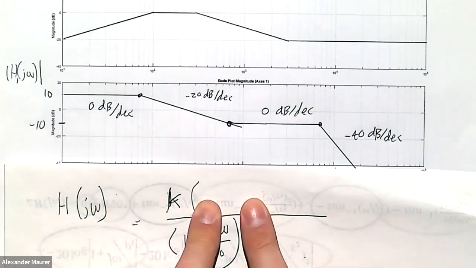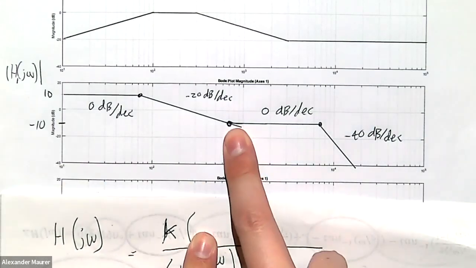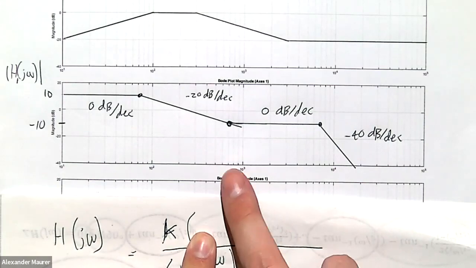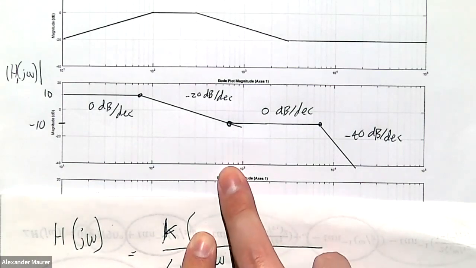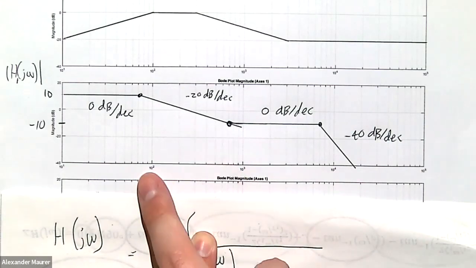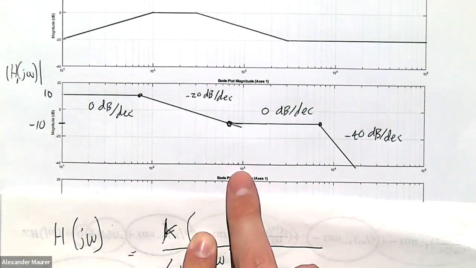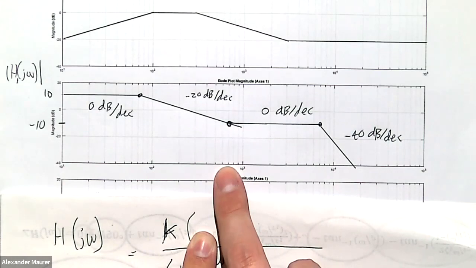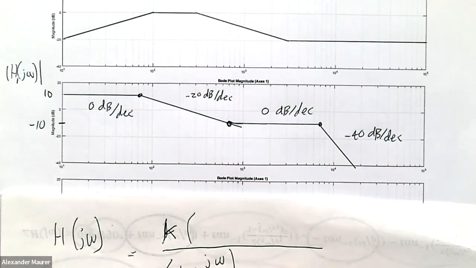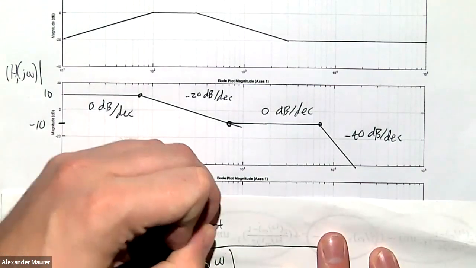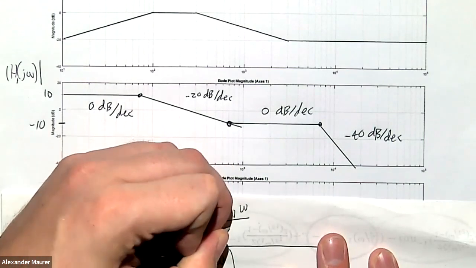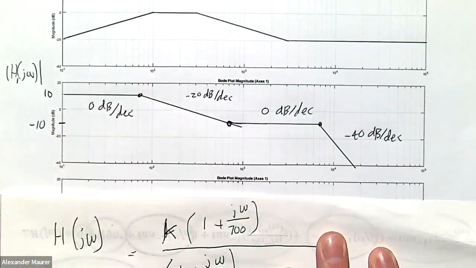That tells us that there is a zero at this point, creating that break. And so this is located at the 700 point, because again, this is 100, this is 1,000, count it back, 1, 2, 3. This is at the 700 point. So this is 1 plus j omega over 700.